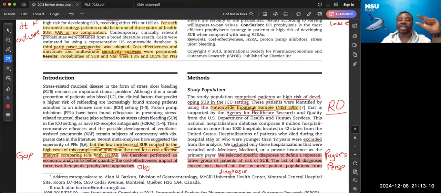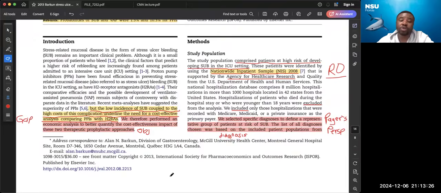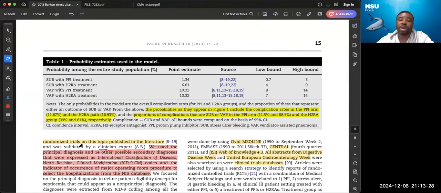But when they had the patient, they needed to diagnose them, for example with VAP or with stress ulcer bleeding. In order to do that, they used the randomized control trial, which was just used to help with the diagnosis. That's all they did.